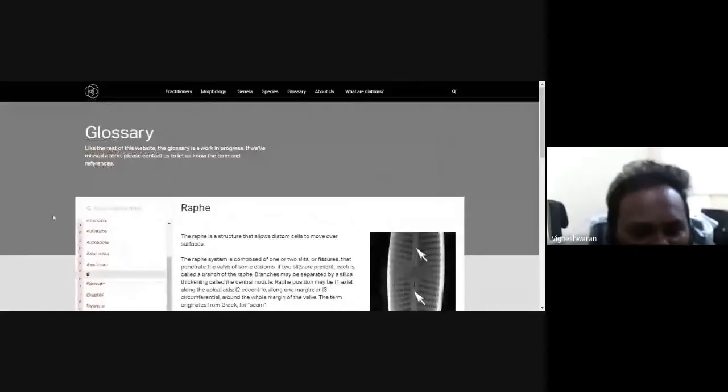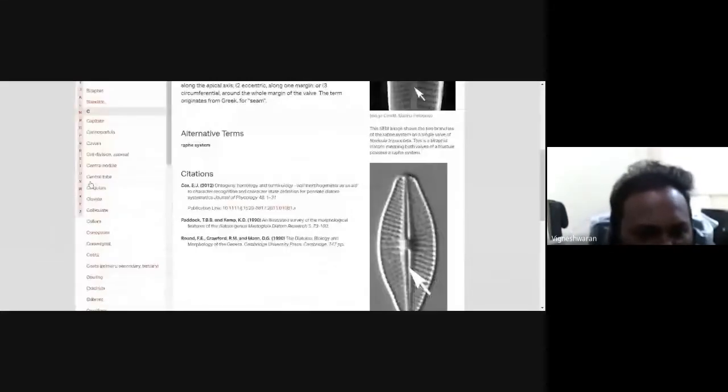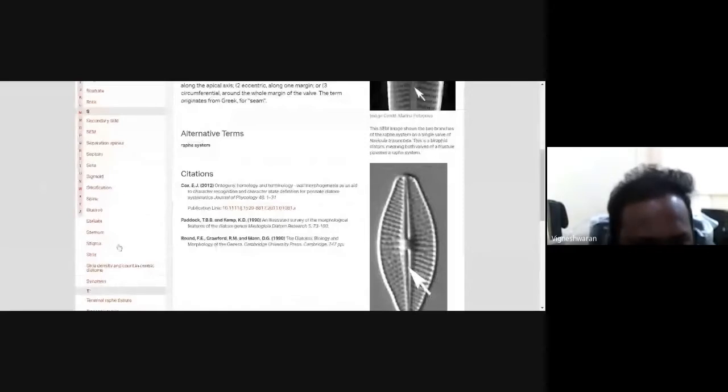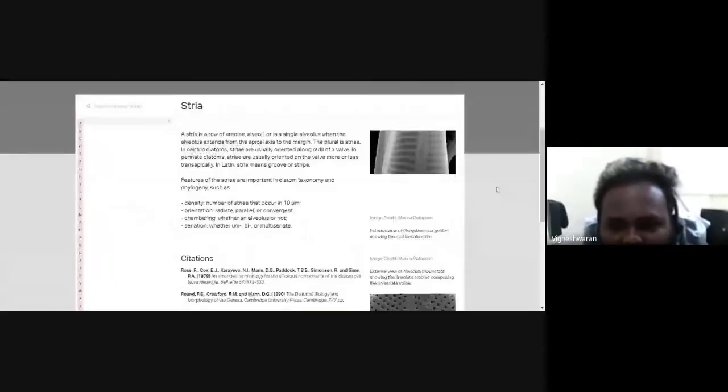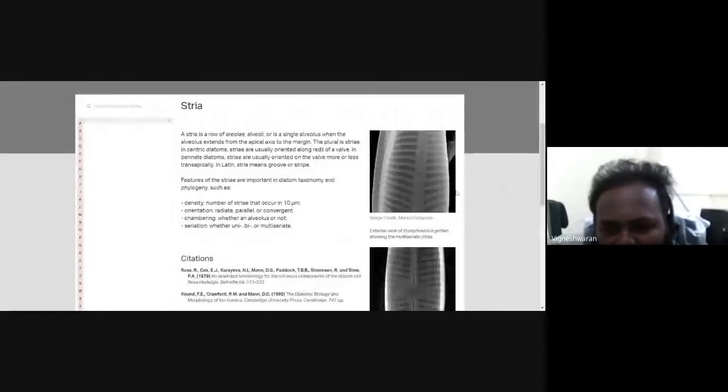And another one is striae. Let's go to the striae. Yeah. So these all are scanning electron microscopy pictures.